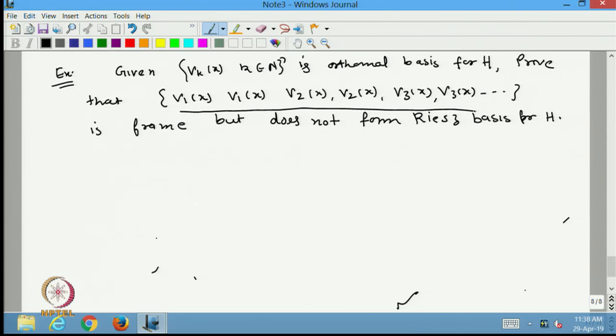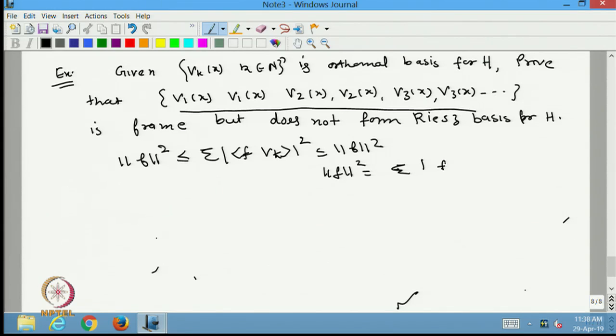You could prove easily that if this set satisfies these conditions, so basically norm of f squared is, okay.